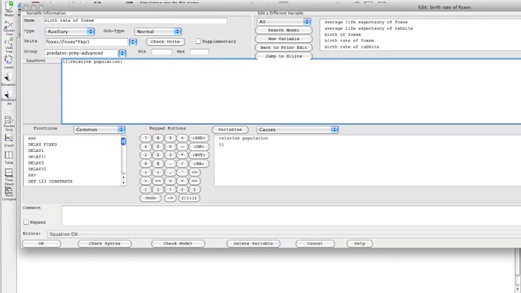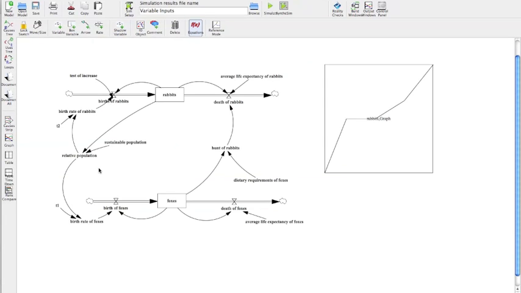And the understanding here, and this is very similar to the one we saw in the Lotka-Volterra model, is that the availability of rabbits, its relative population, drives the ability of foxes to grow.